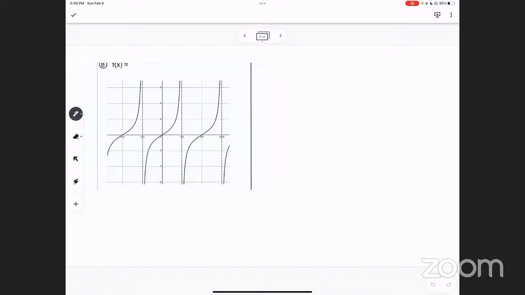The tangent graph. How do you know it's tangent, not cotangent? Because it's going from low to high. Good. Okay, so it's a tangent graph. So what now?